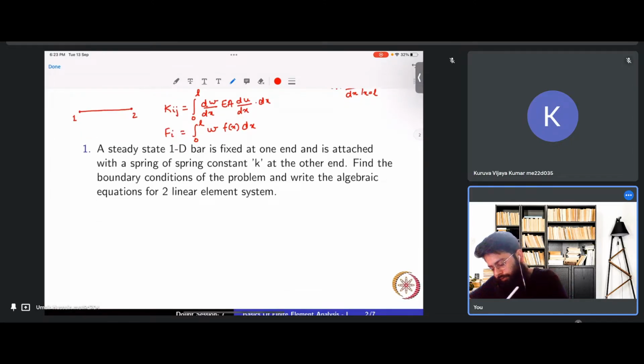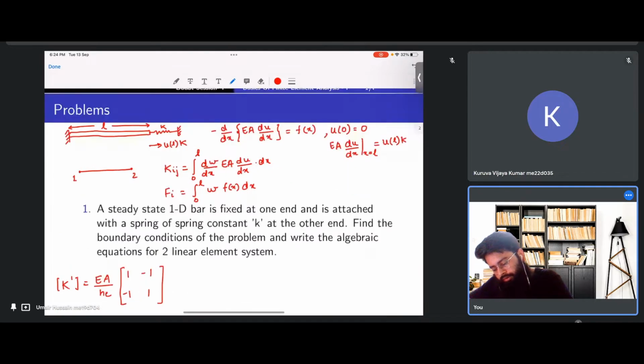So for a single 1D element, for this element, the stiffness matrix comes out to be E A upon h_e times [1 -1; -1 1].